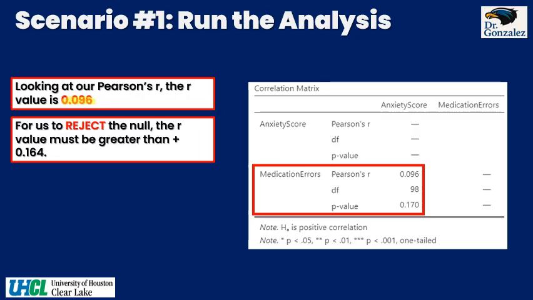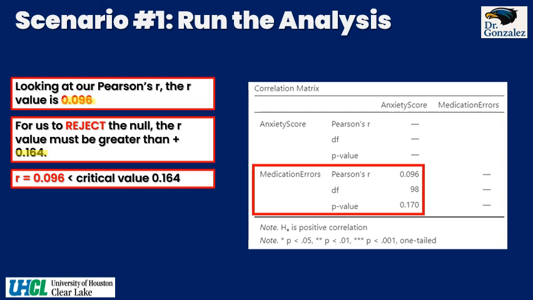And based on the critical value for the R, to reject that null, my R would have to be greater than 0.164. 0.096 is not greater than that value. So it's less than the critical value. So I automatically know that I'm going to retain my null.